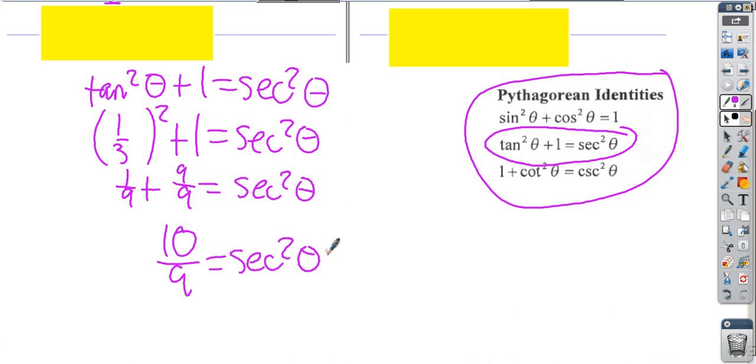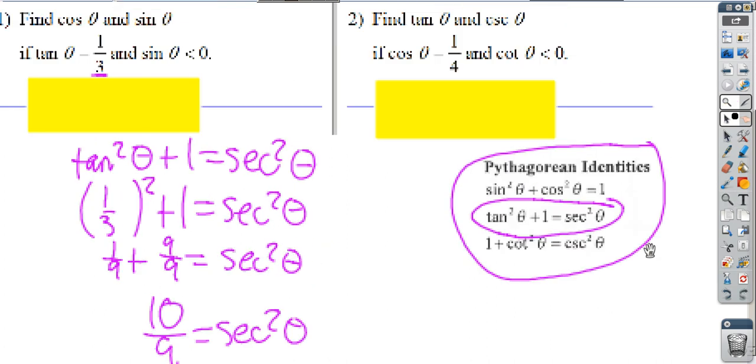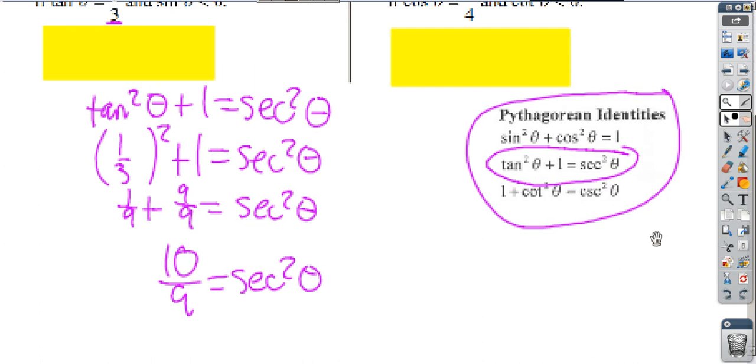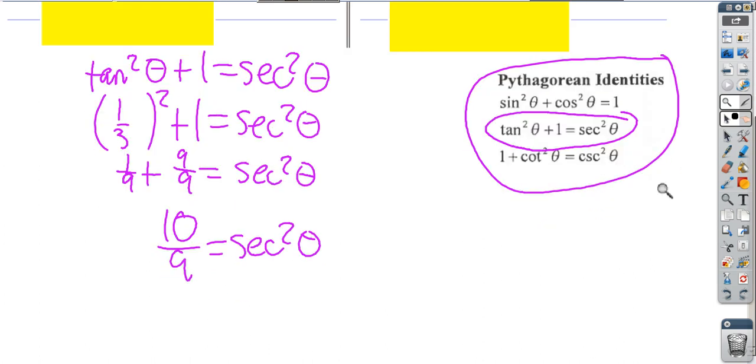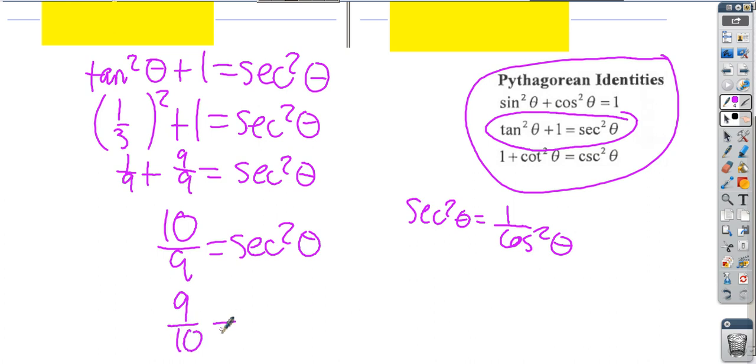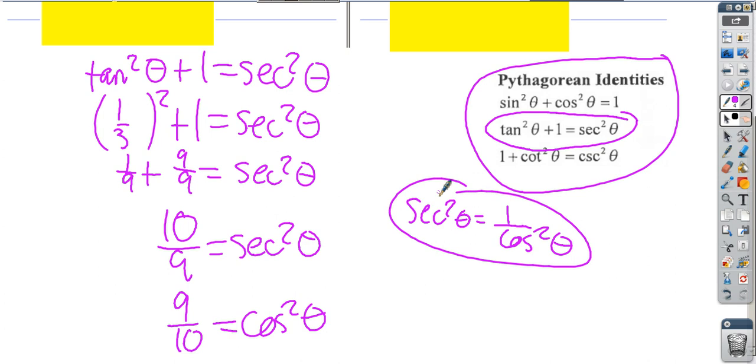What are we trying to find, though? If we go back, we're trying to find sine and cosine. So let's look at sec squared. There's another identity that says sec squared is equal to this right here. So if we know sec squared, we can flip it over, and that's cos squared, because that's exactly what this identity says. It says they're reciprocals of each other.